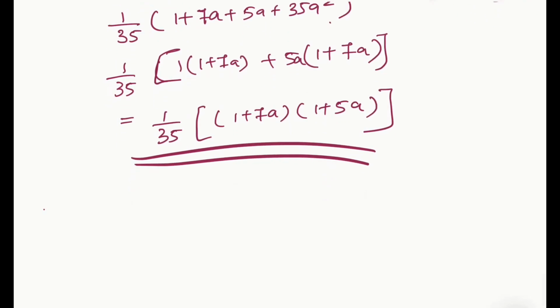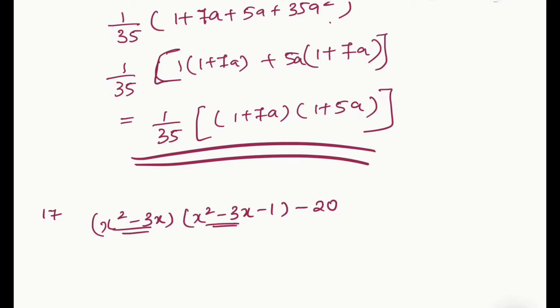Now coming to question number 17. X square minus 3x. This question I will give you a hint, then you can further solve it. X square minus 3x minus 1 minus 20. This is similar to what we have already solved. Okay. So let x square minus 3x is equal to a. Then solve it.